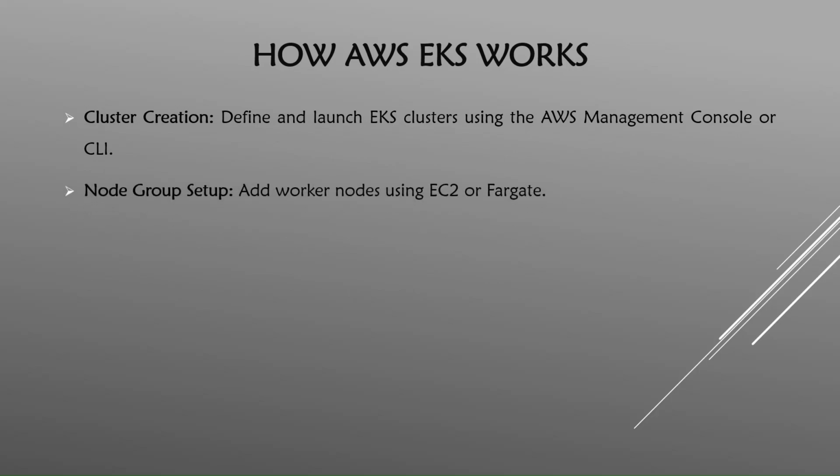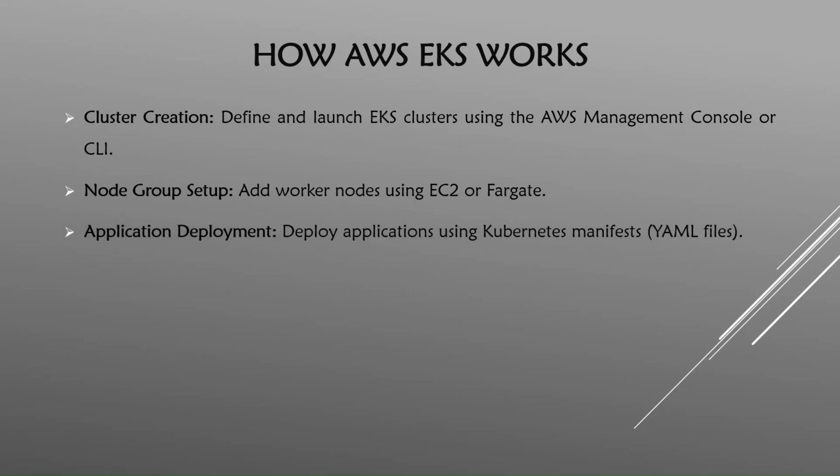Node group setup. After creating the cluster, you add worker nodes to run your applications. You can choose to use EC2 instances or AWS Fargate. AWS Fargate automatically handles the resources for you without needing to manage the servers.